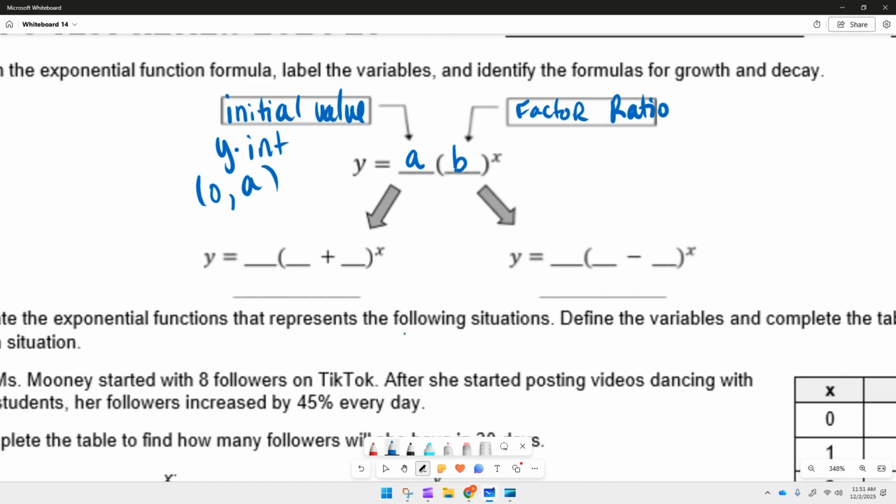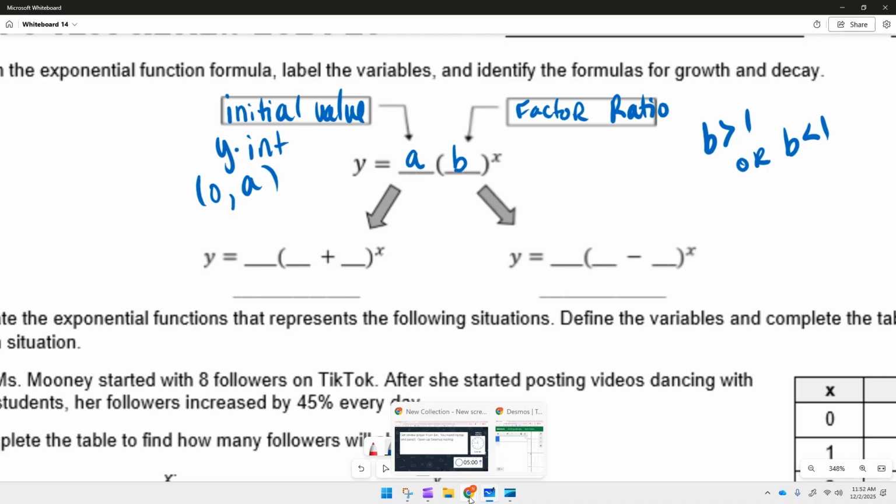Now, there's a couple of very important concepts with exponential functions. That b value, that base with the x, must be greater than 1, or the b must be less than 1. It cannot be equal to 1. If it's equal to 1, it doesn't work.